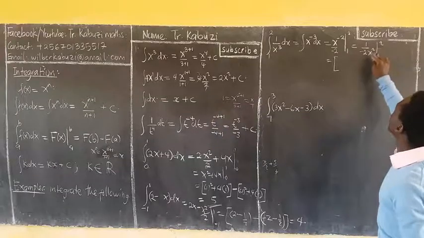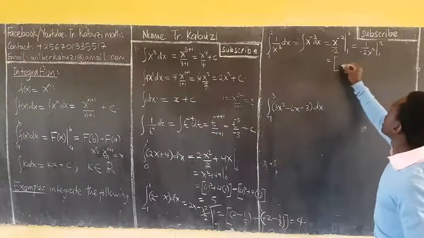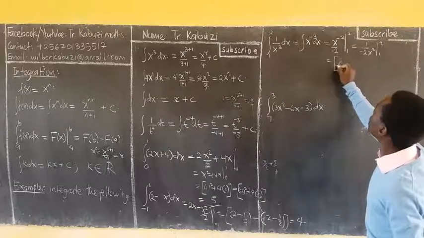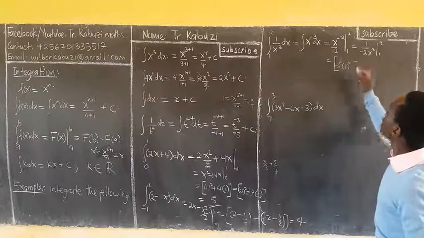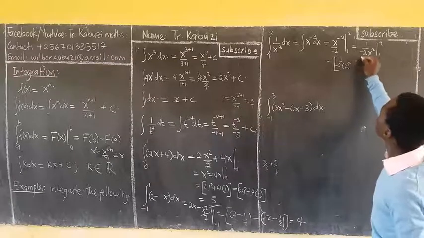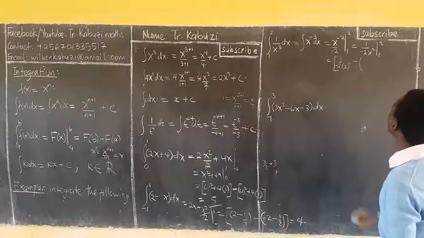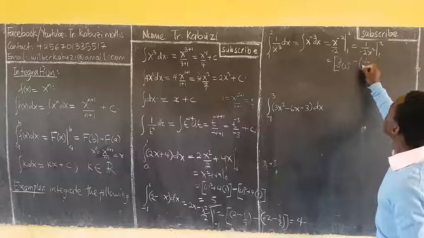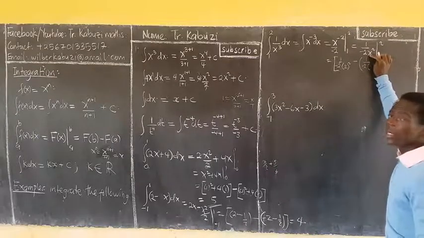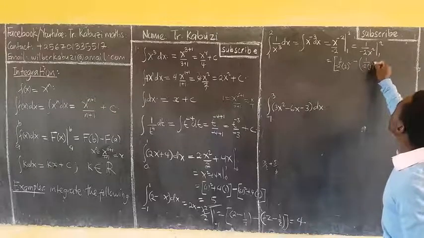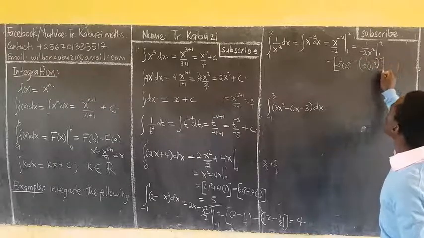Now, when you put in the upper limit, I'll be having a half negative into 2 squared, then minus in brackets when I put in the lower limit. So I'll be having 1 over negative 2 into, now where there is x is where I put the limit, so I'll be having 1 squared.